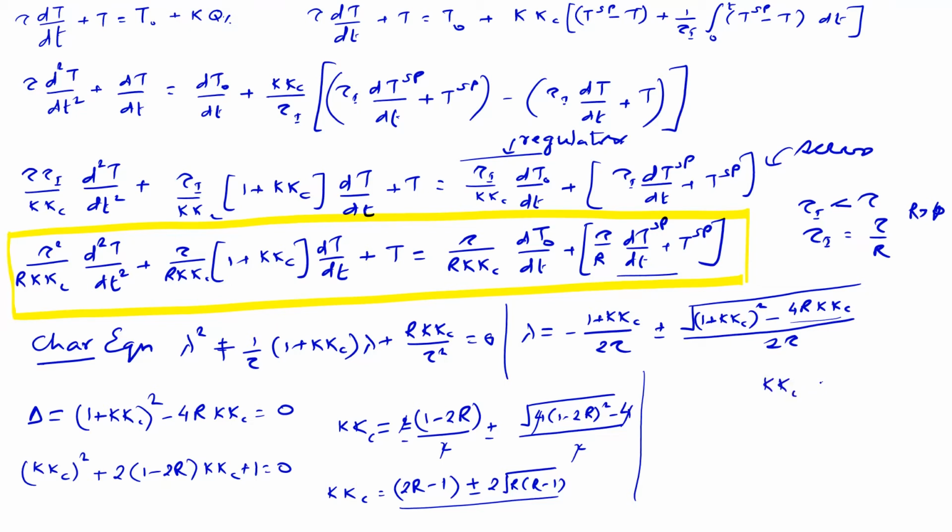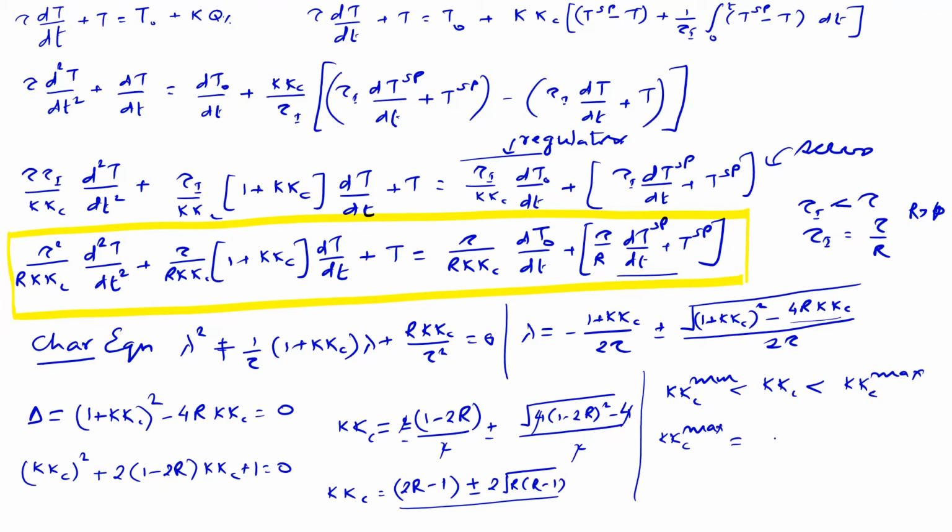And so the condition for kkc is that kkc should be less than kkc max and greater than kkc min, and kkc max is going to be what?